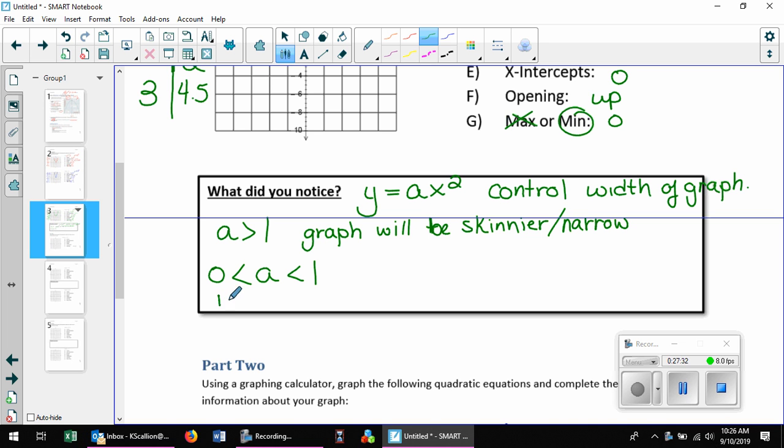So all this means is A has to be between 0 and 1. That's the English part, and that's what the math part looks like. We're going to do more of these restrictions as we go on so that we get used to them. And we know that if it's a fraction, the graph will be wider.